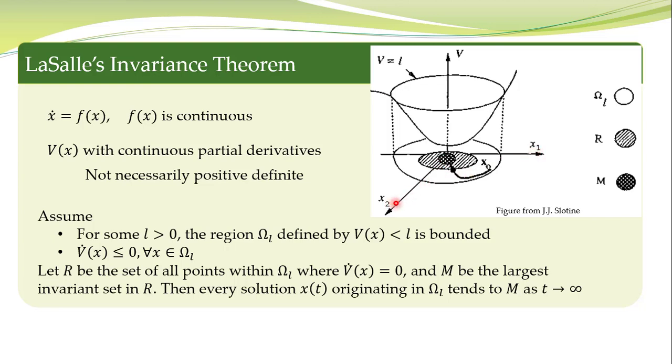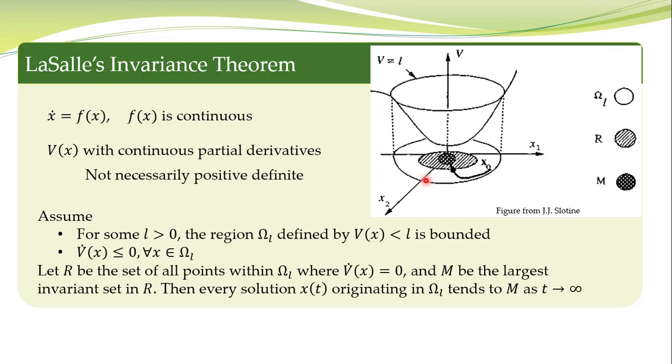We are talking about a system with two states, that is easy to visualize. This v is some function of x, so on this third axis we have taken v. This v is a function of x1 and x2, which means that corresponding to each point we have some value of v.